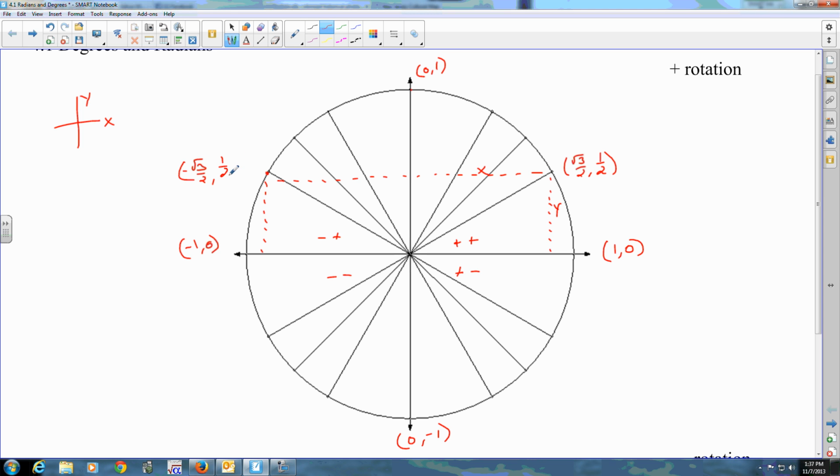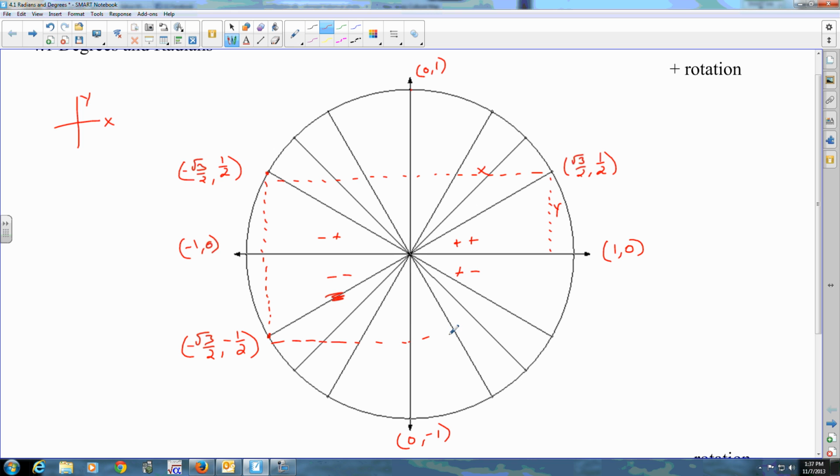So it's the same distance up as this one, 1/2. This coordinate right here, you're the same distance back as this one, so negative square root of 3 over 2. But this time, you're the same number of units down, so it's negative 1/2, which also matches with the idea that everything in this quadrant is negative, negative.